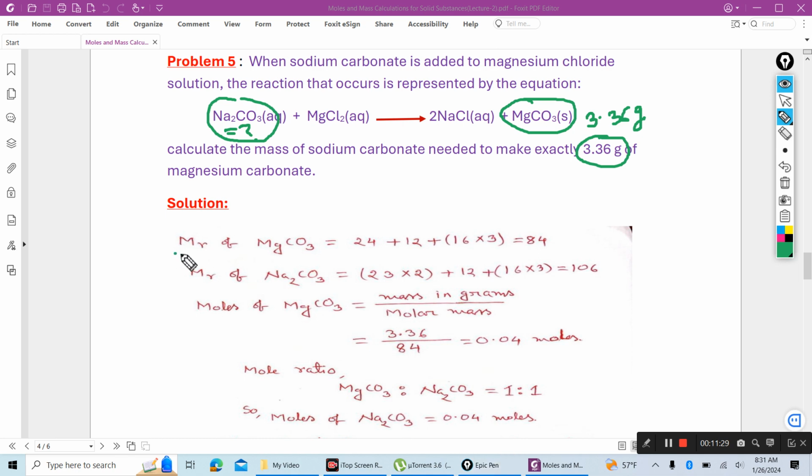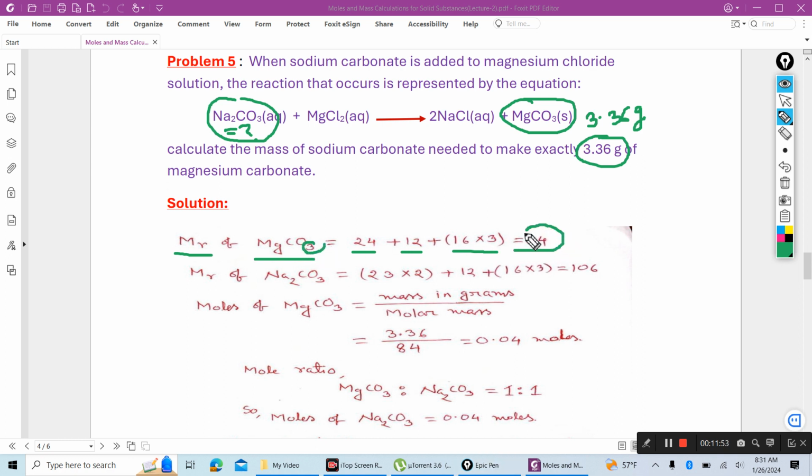First, relative molecular mass of magnesium carbonate. Magnesium relative atomic mass 24, you will get from periodic table. Carbon 12, oxygen 16 times 3, because here there are 3 oxygen atoms.